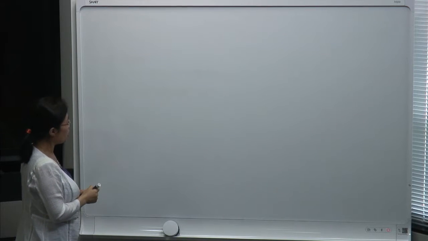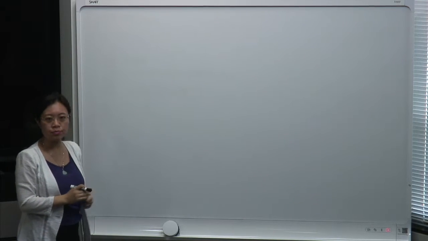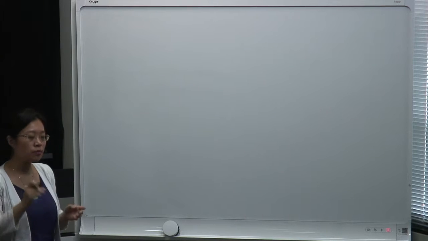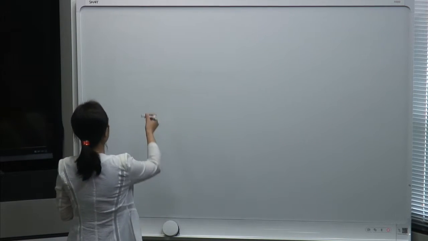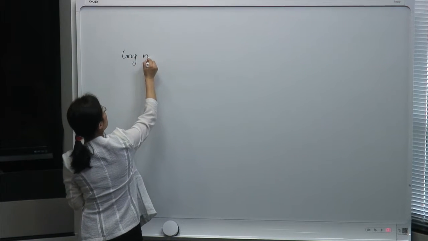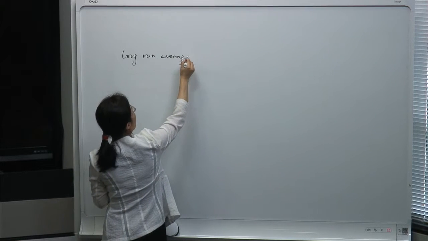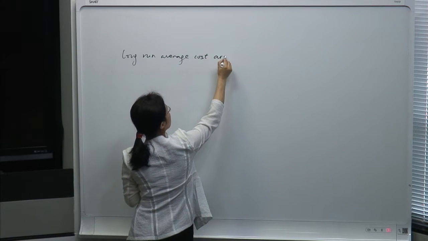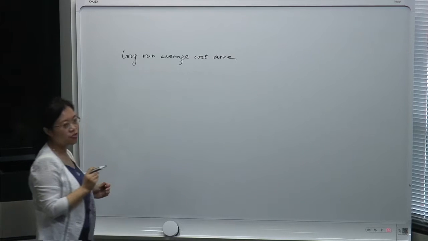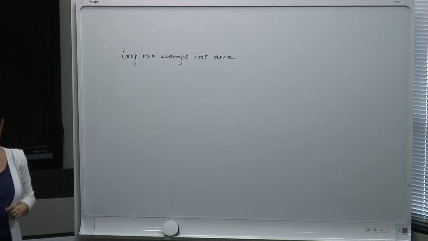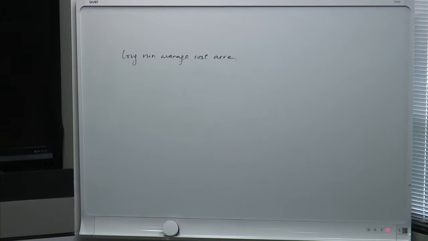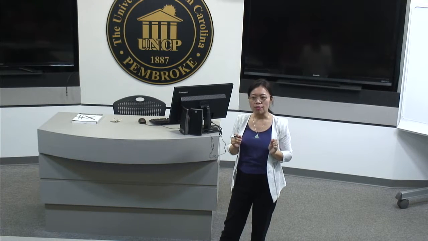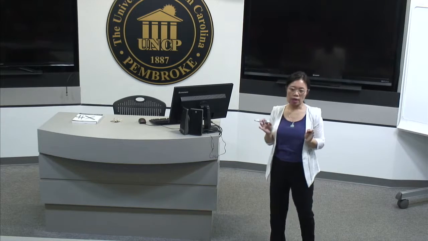Okay, the first thing I'm going to introduce to you is what we call the long run average cost curve. That's the first thing I'm going to introduce, okay? Even though this is still an average cost curve, the interpretation of this long run average cost curve is quite different from the short run average cost curve you have learned.